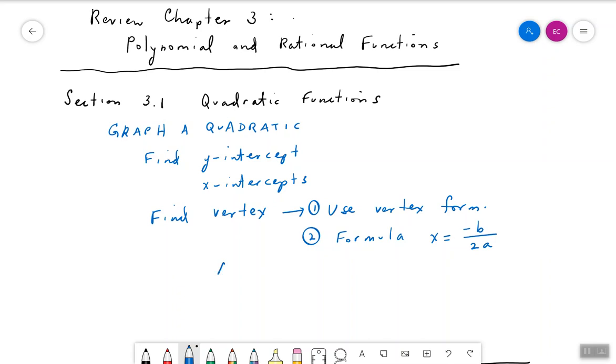We also found an axis of symmetry. And then we put all that together to make the graph.